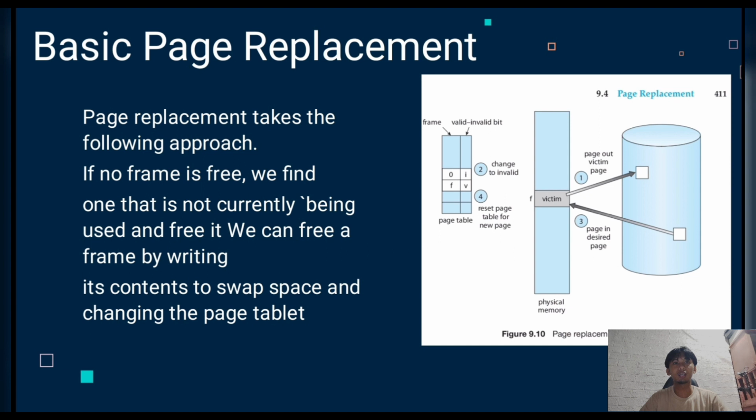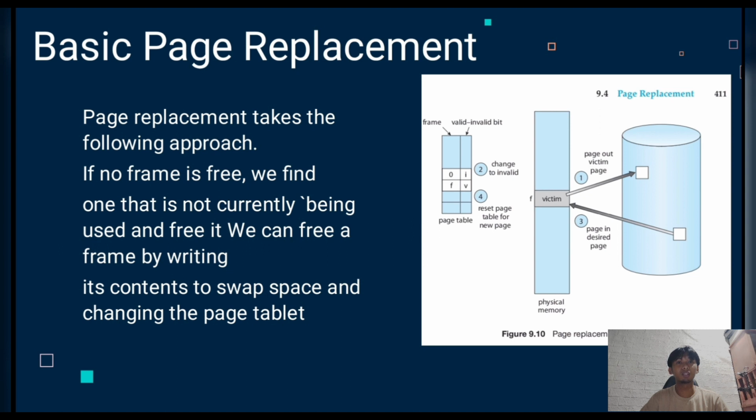As you can see in the figure, this indicates that the page is no longer in memory. We can then use the freed frame to hold the page for which the process faulted. We modify the page-fault service routine to include page replacement.